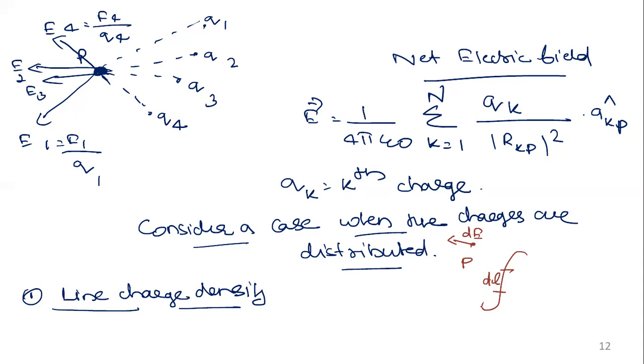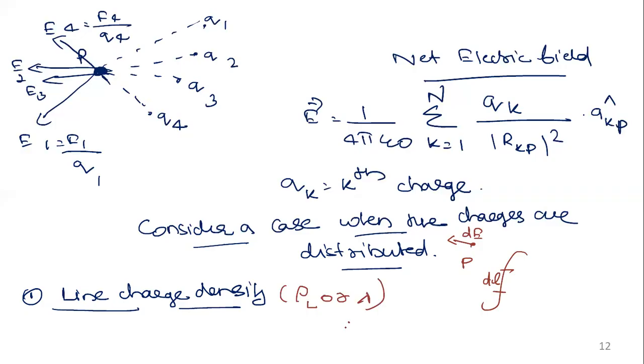This line has total charge on it. So what do we do? We will take a small distance and then integrate that. For that we need to study a term, that is rho L or lambda. This is called the line charge density.